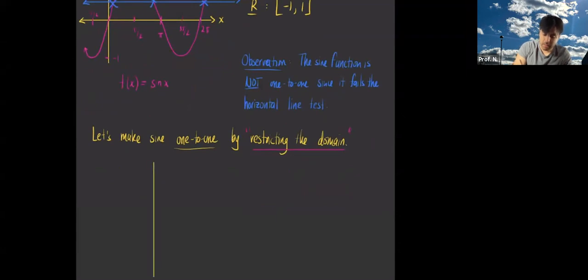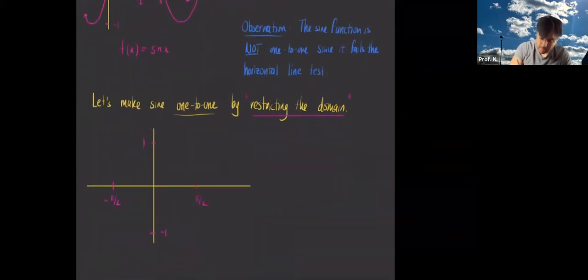So let me draw this again. This time, I only care about negative pi over 2 and pi over 2. And what do I have? I got something like this.